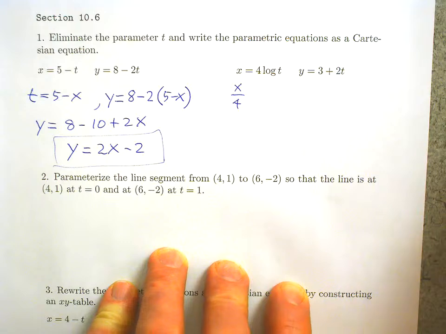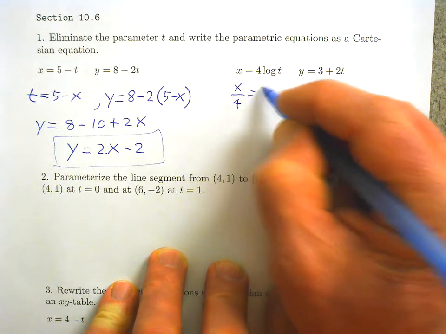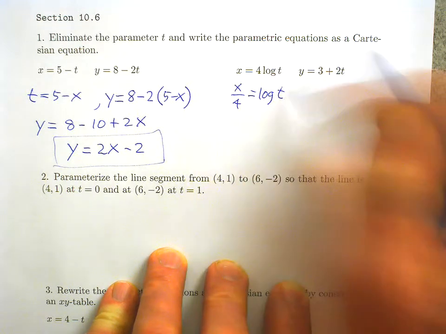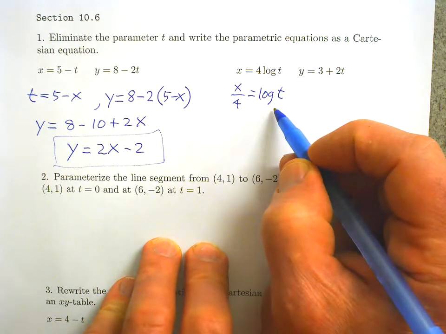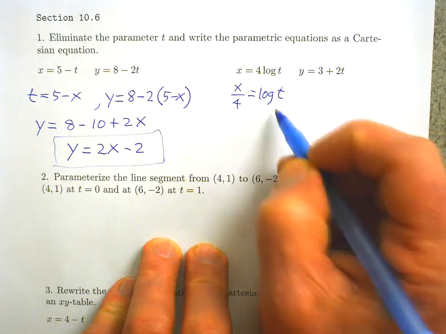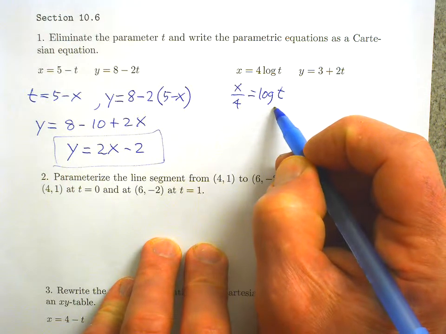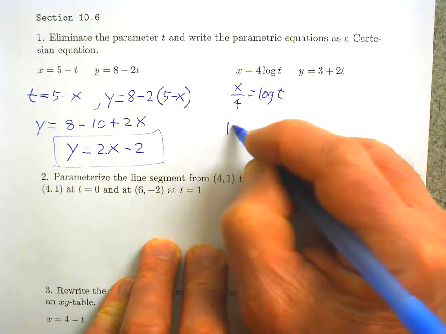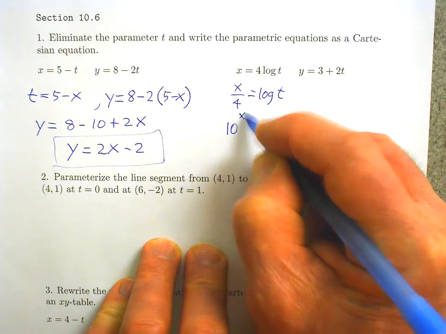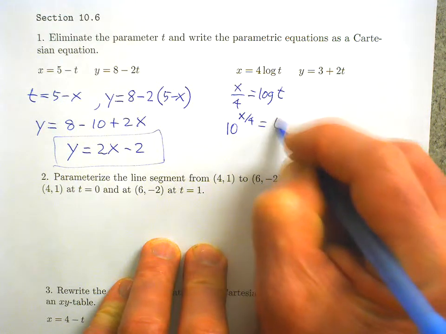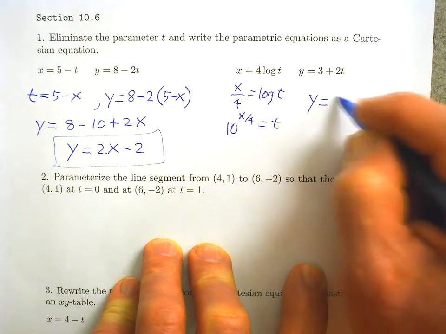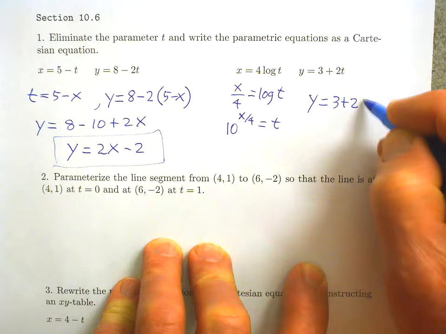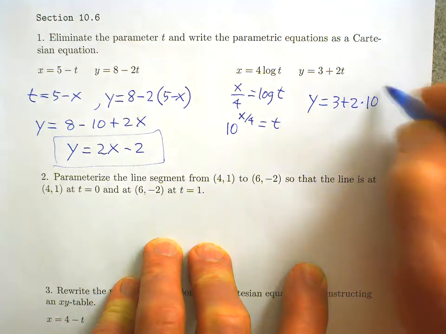So x over 4 equals the base 10 log of t, and then convert this logarithmic equation to its exponential equivalent. The base 10 raised to the exponent x over 4 is equal to t. And then in the other equation, replace t with 10 raised to the x over 4.